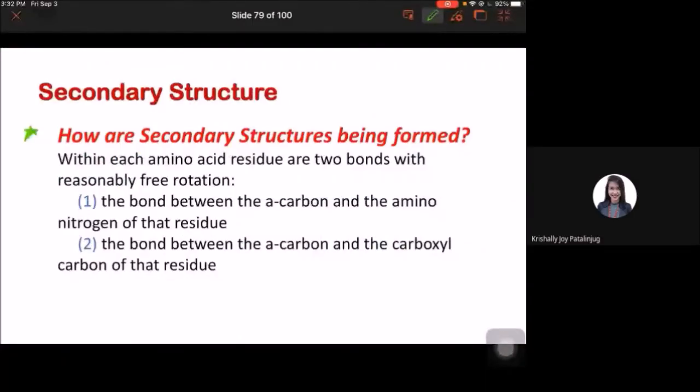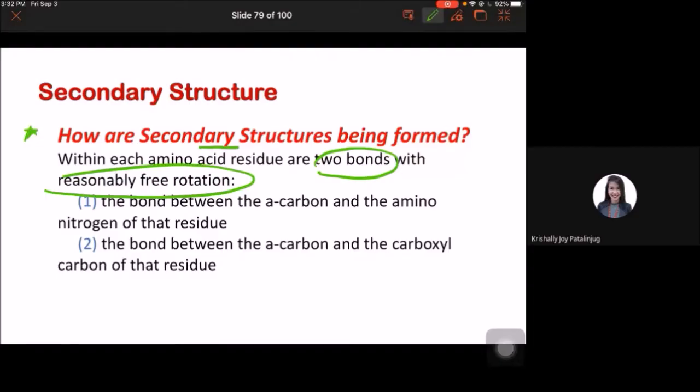How are secondary structures being formed? Number 1, meron tayong mga bonds, 2 bonds, for instance, with reasonably free rotation. Okay, they freely rotate. Yun na nga, mga rotational bonds.